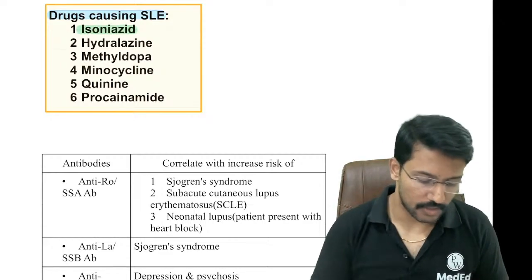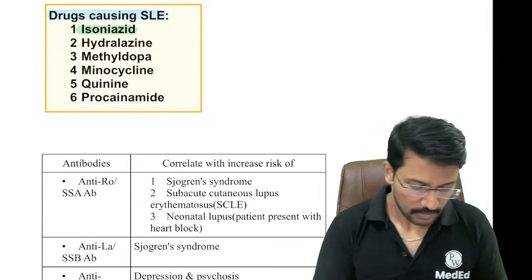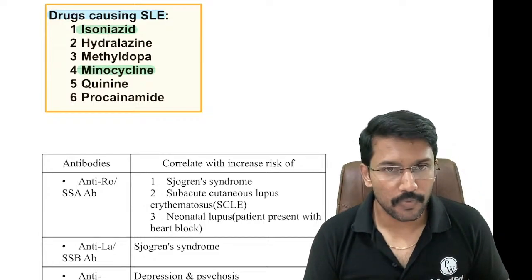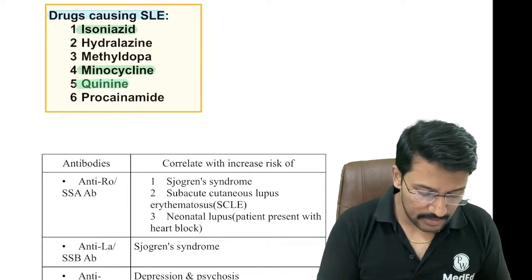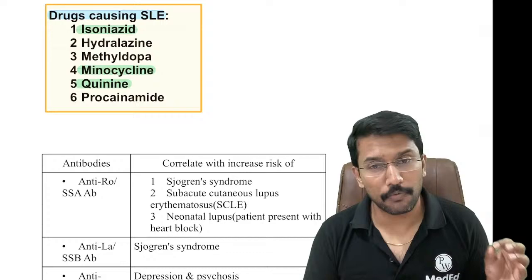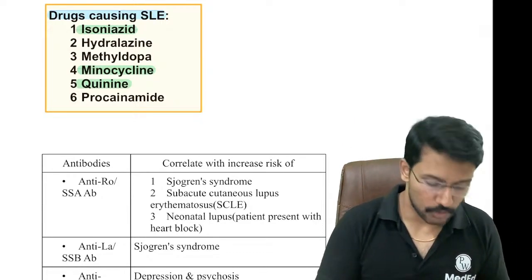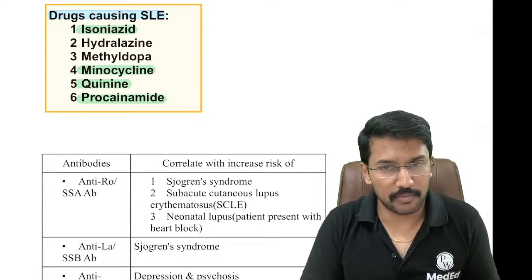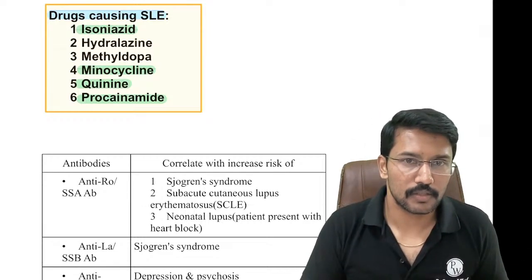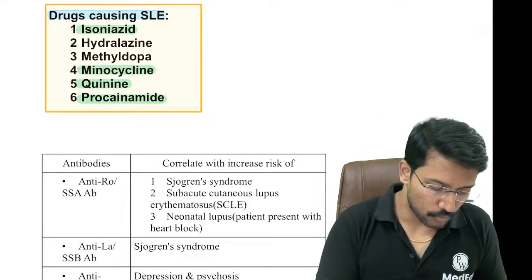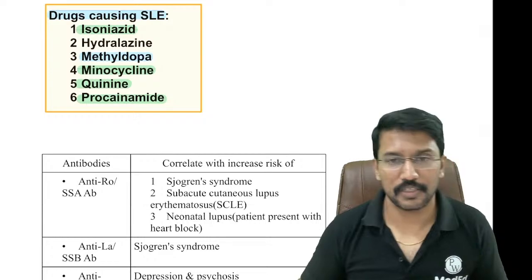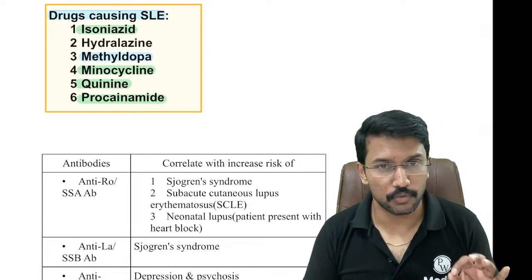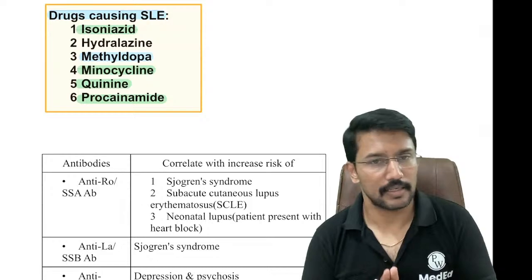We regularly use isoniazid. We do use minocycline, especially dermatologists use it for acne. We do use quinine in pregnant female patients for treatment of malaria, and we do use procainamide frequently these days as an antiarrhythmic, especially in patients with WPW syndrome. And in OBG they do use methyldopa for treatment of pregnancy-induced hypertension. So these are the drugs that you need to remember for drugs causing SLE.